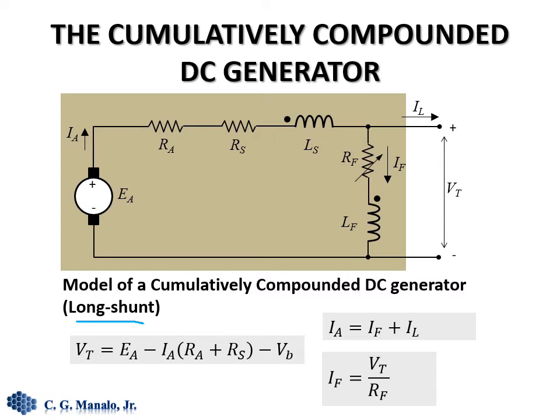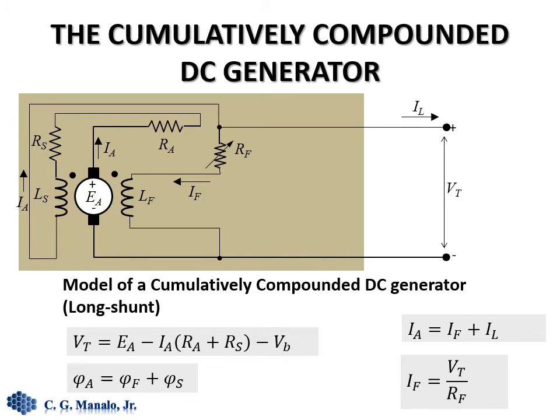We call it a long shunt because the shunt field is connected across the series combination of the armature circuit and the series field circuit. So let me rewire the field circuit so that it will be adjacent to the armature circuit.